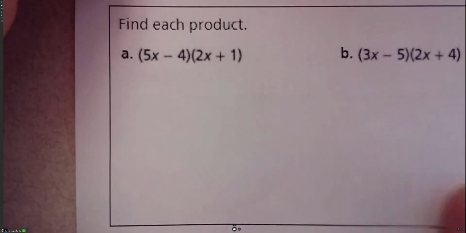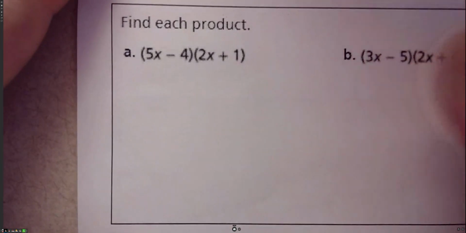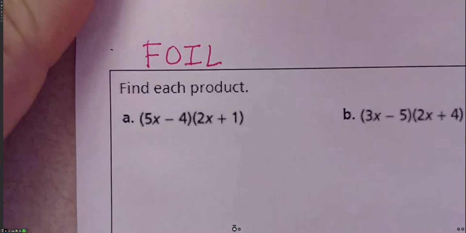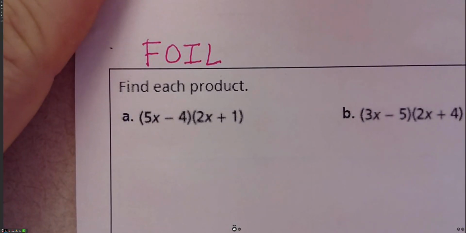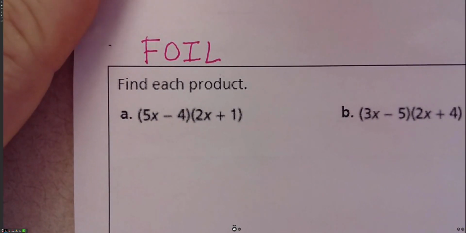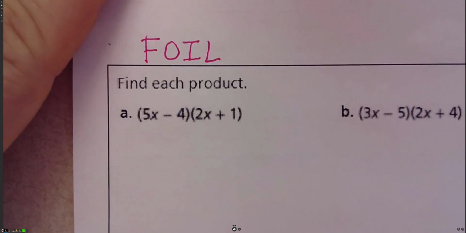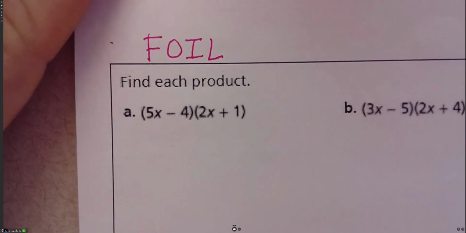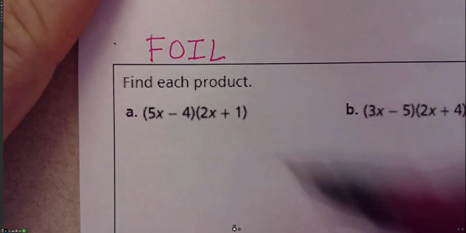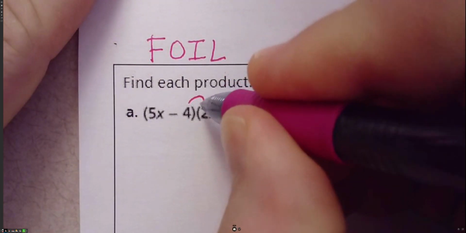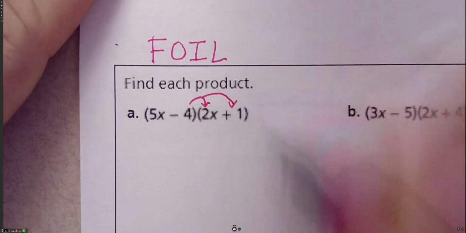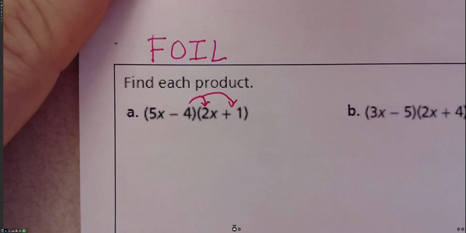So what am I going to do? 2 things. So what happens here, and I'm going to tell you what they call this. When I was learning this, they would call it FOIL. FOIL stands for first, outer, inner, last. I don't really do it that way. I just go, this is going to go here and here. Actually, I should have done the 5 first.